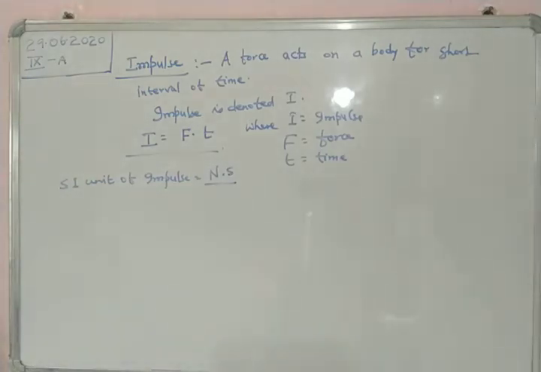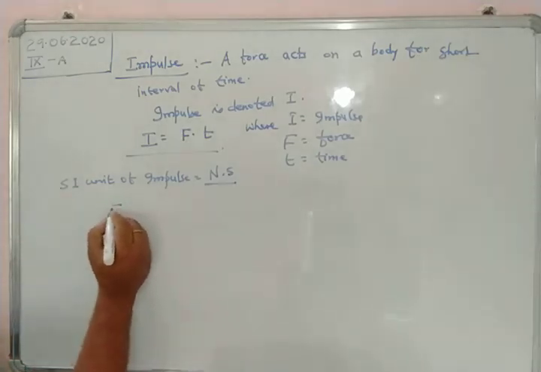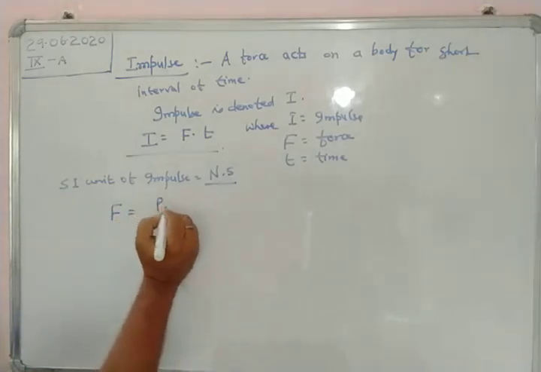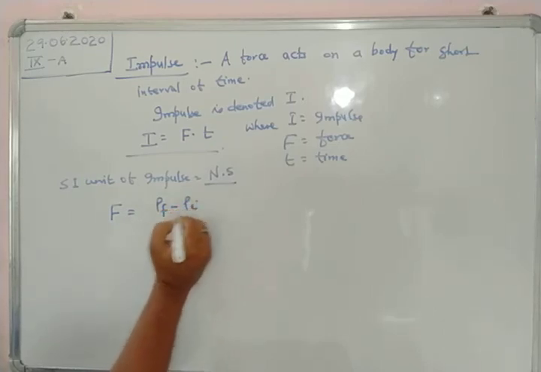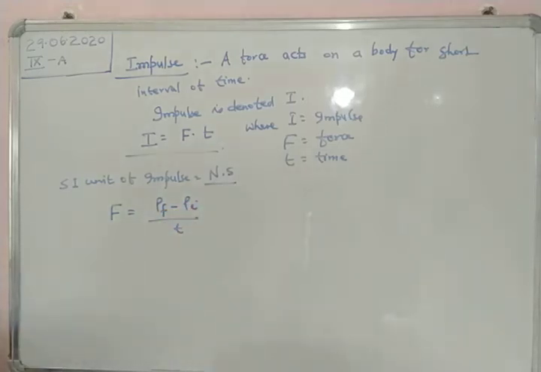Just now, in the relationship between momentum and Newton's second law of motion, we reached one point. What was the relation? The relation was F equal to (Pf minus Pi) by time. Do you remember this? Yes.